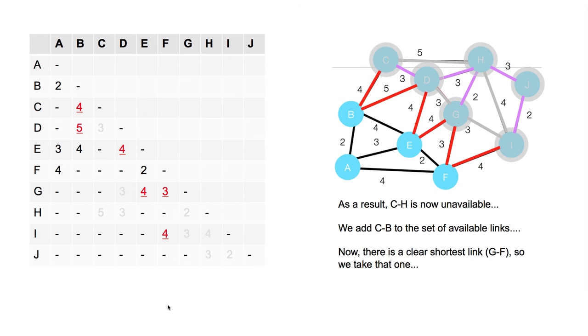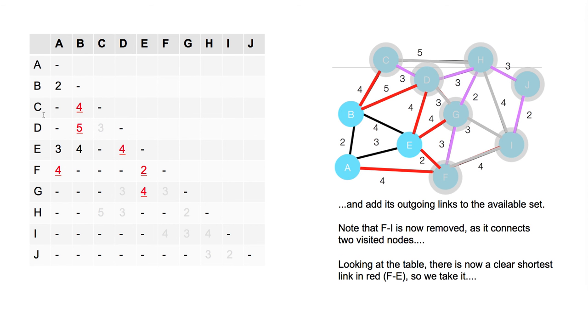which is G to F, so we take that one and add its available links to the available set. And now F to I is removed, as it connects 2 visited nodes, so looking at the table, again, there's a clear shortest link in red, F to E, so we take that one.